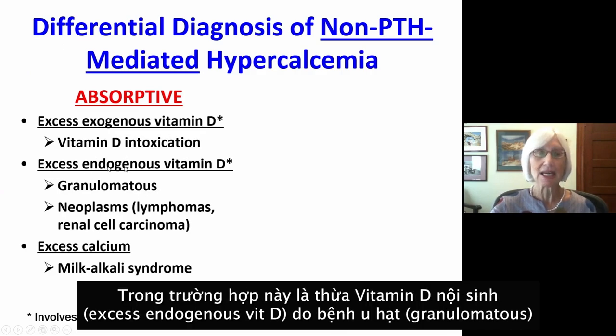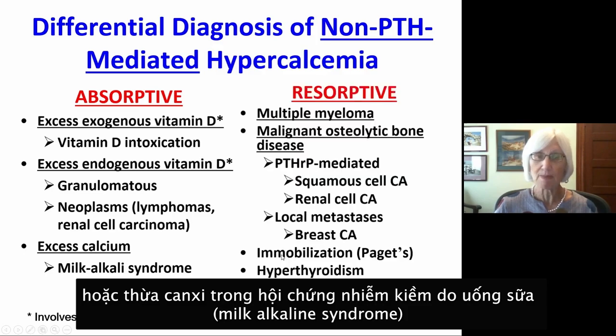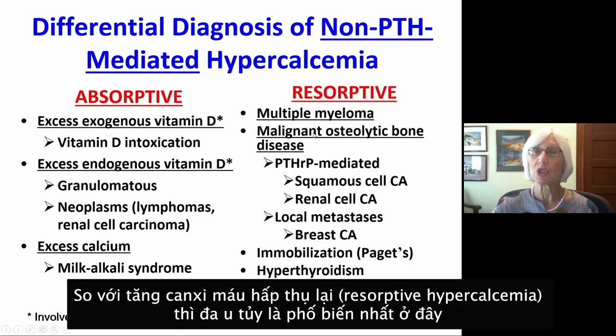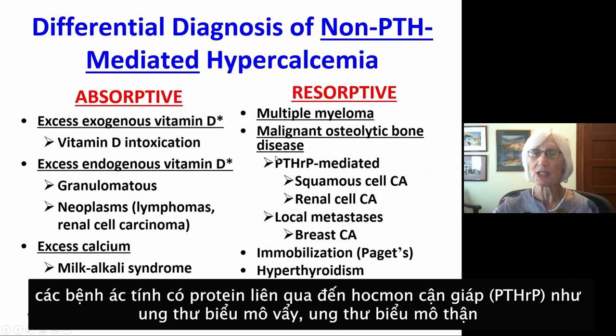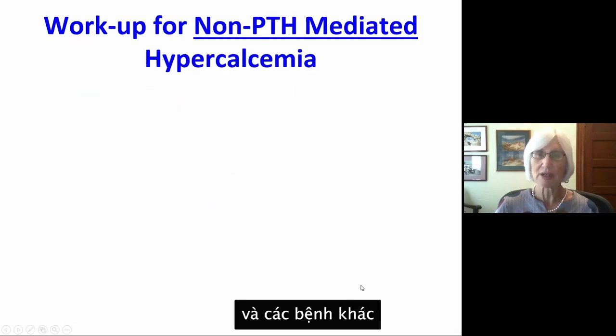In this case, it's excess endogenous vitamin D from granulomatous disease. You can also see this in lymphomas and renal cell carcinoma, or excess calcium in milk alkali syndrome, versus resorptive hypercalcemia, multiple myeloma being the big one here, malignant diseases with PTHrP-mediated squamous cell carcinomas, renal cell, breast cancer, which is both osteolytic and secretes PTHrP, and these other entities.